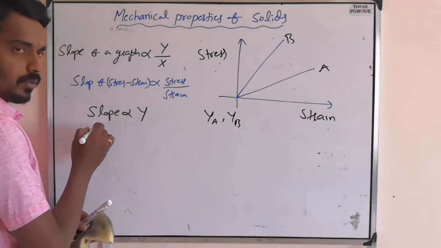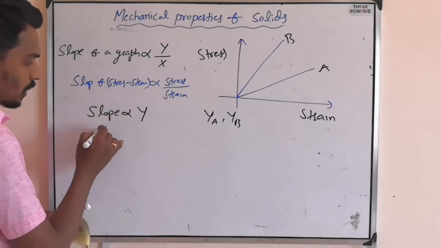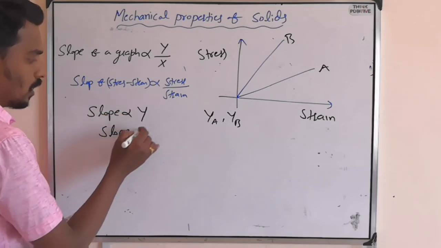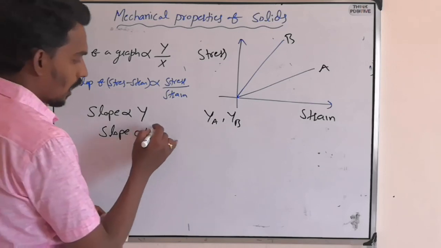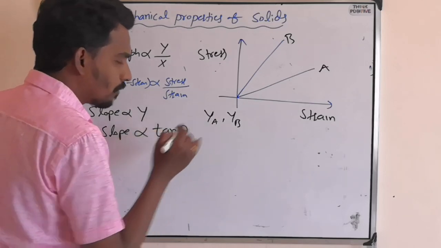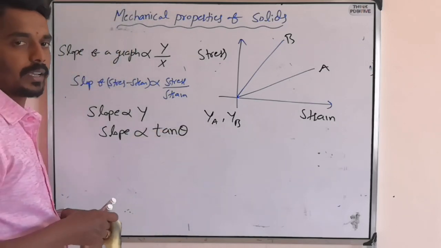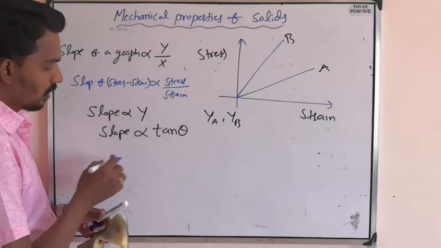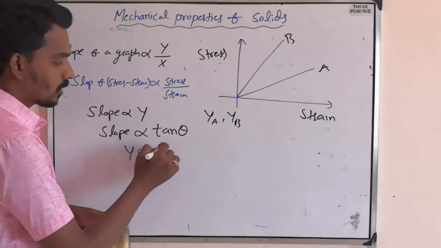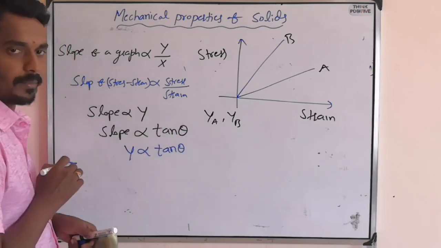So you have to think about slope. But what is the slope of the graph? Slope depends on the angle made by the graph with the x-axis, tan theta. So Y is proportional to tan theta.